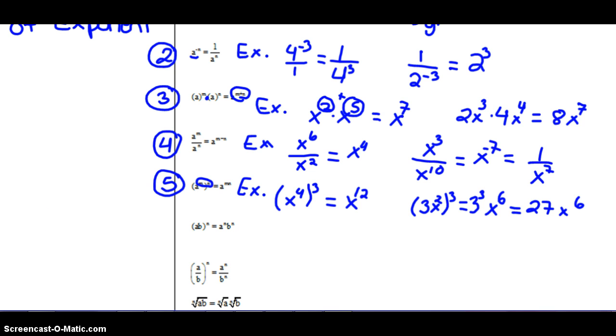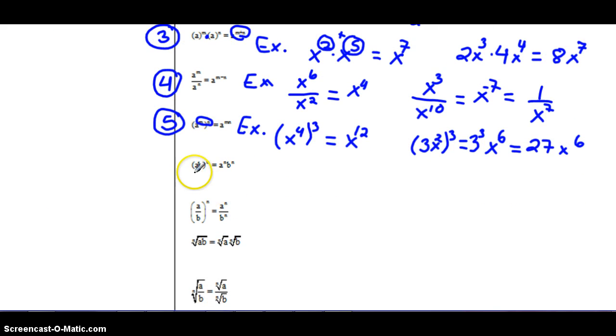All right, we are almost done. If you have rule number 6, if I have 2, which is what I just did actually, this example over here, if I have 2 different, a coefficient and a variable or 2 different variables inside parentheses and then I raise it to a power, I just have to make sure that it applies to everything on the inside. So for example, this is actually exactly what I did right over here.